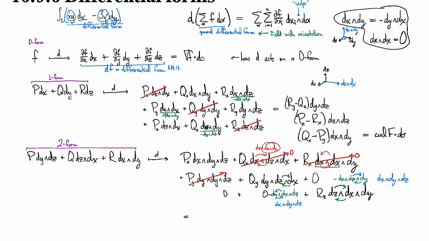I get px plus qy plus rz dx, dy, dz. And lo and behold, if that isn't the divergence of a vector field dotted with the oriented volume form, dV.